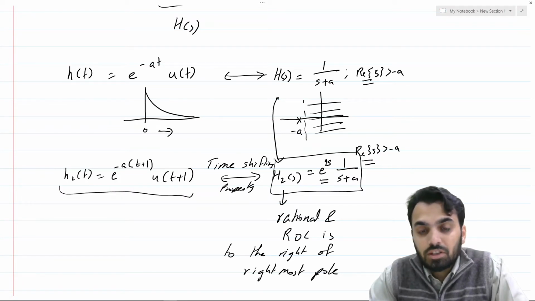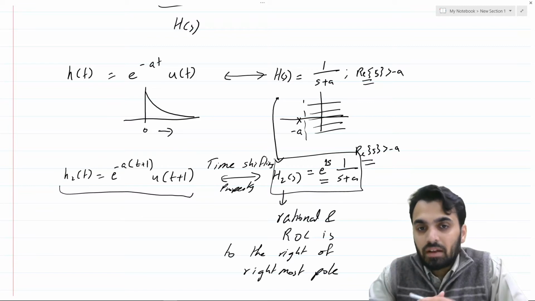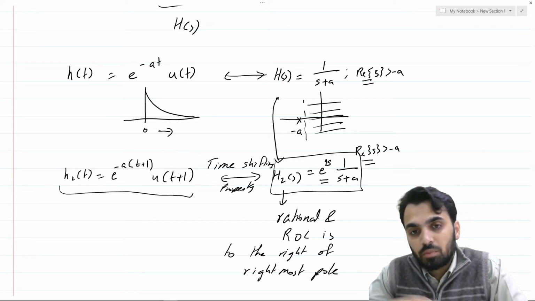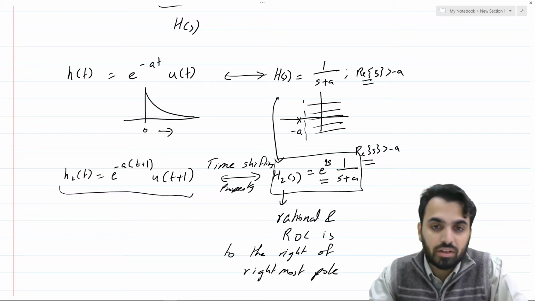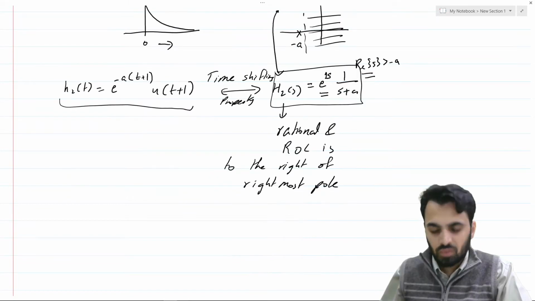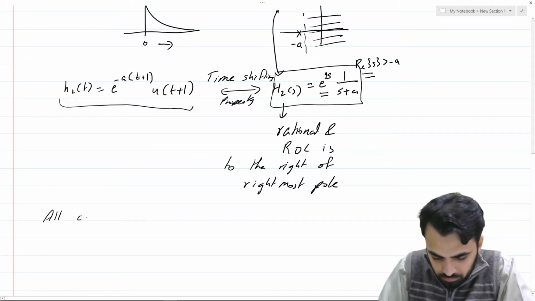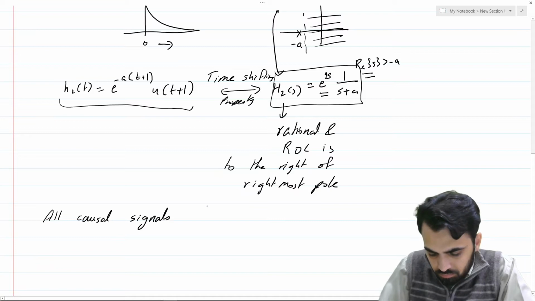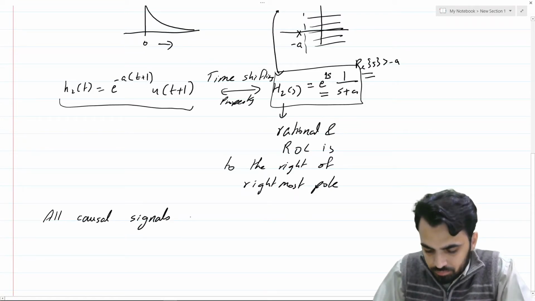So in short, if the function is rational and the region of convergence is towards the right of the rightmost pole, then the system is definitely causal. Otherwise it is not. So we can say that all causal signals would have a right-sided region of convergence.